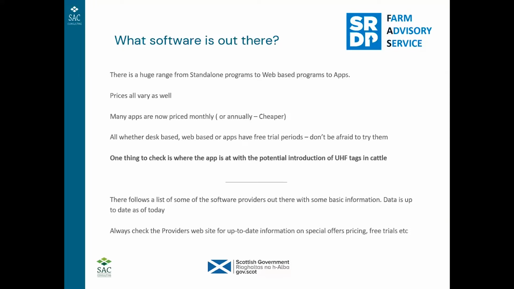Generally, they can be billed annually, which knocks a little bit off the monthly price. Just remember the free trials, but check up on the conditions first. One or two of them, you have to sign up first, and if you don't cancel it, then they'll charge you for the first month of the first year.